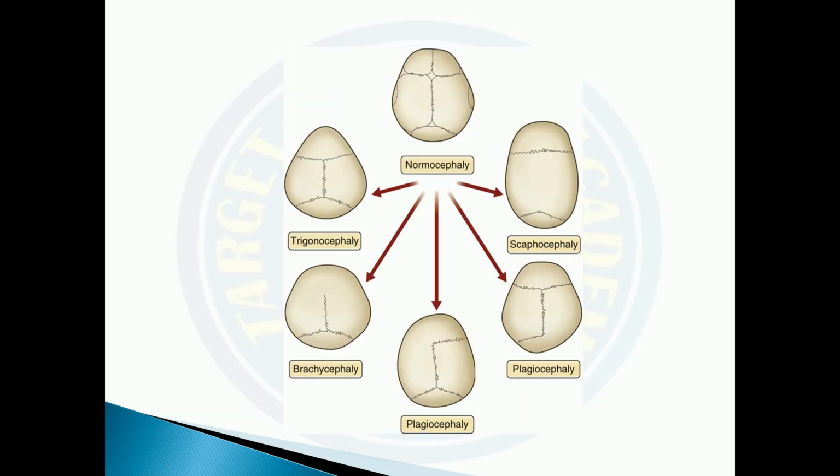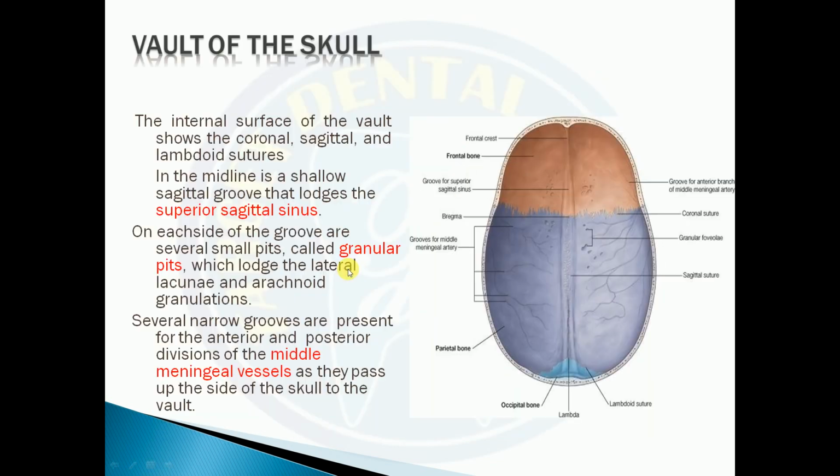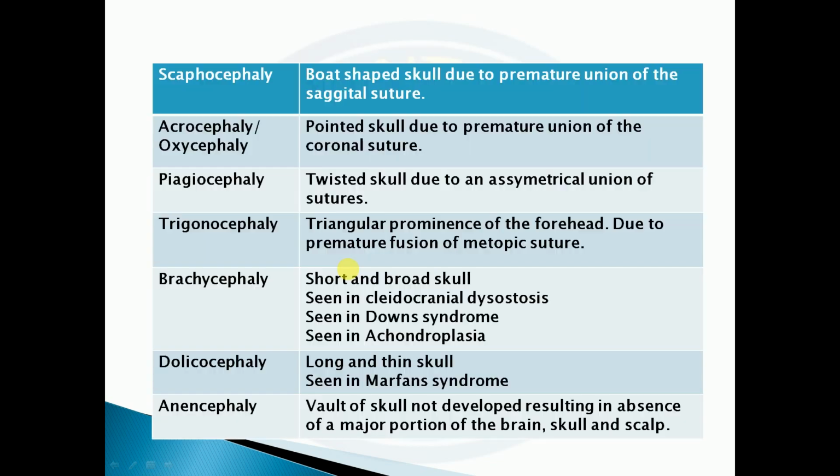While dolichocephaly is the long and thin skull, seen in Marfan syndrome. And anencephaly is where the vault of the skull is not developed, resulting in the absence of the major portion of the brain, skull and the scalp. Do remember these points.